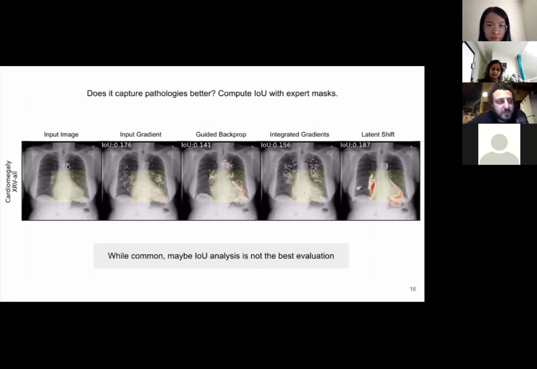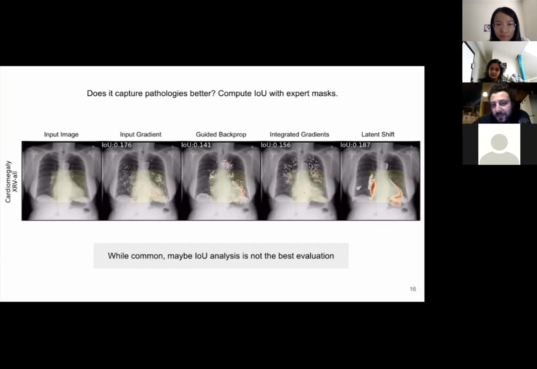Okay, so one question with this model, and the autoencoder is still a few slides away, is how do we tell whether this model better captures the pathologies, right? One approach is to compute an IOU between some high percentile of the attribution map and some expert labeled bounding boxes. Here we have one for cardiomegaly from the NIH data set. We look at the IOU between these saliency maps and the bounding boxes.